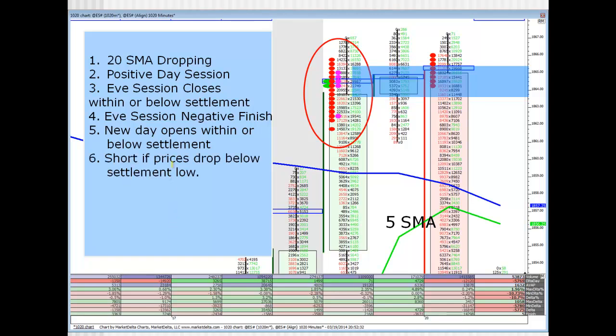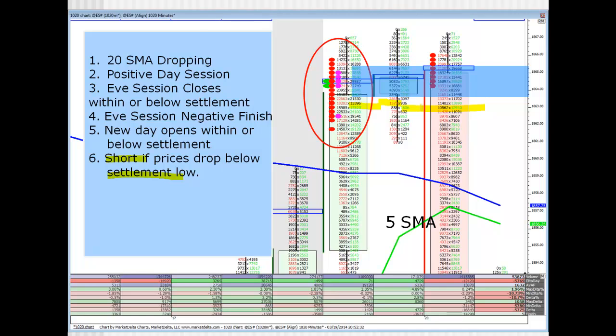And the trade is we would go short when prices drop below the settlement low. So here's the low of my settlement period right here. The level is at about, let's say, 1863 and a half. And so technically, when we break this level, we are going to move lower.